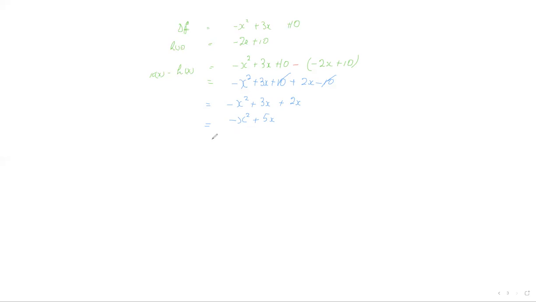Now, when they say DF is minimum or maximum, this is a quadratic. We have -x(x - 5) equal to 0, so x is equal to 0.